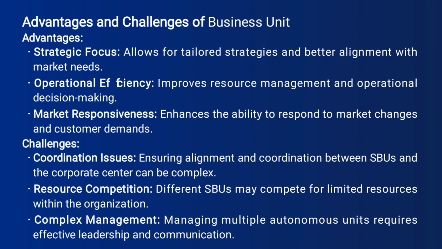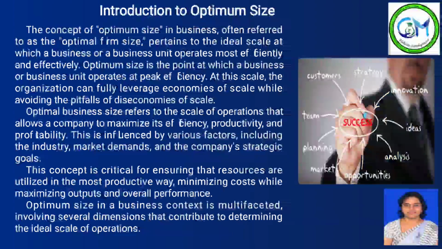And the next one is resource competition. Different SBUs may compete for limited resources within the organization. And the next one is complexity. Managing multiple autonomous units requires effective leadership and communication. So these are all the few challenges and advantages we discussed here.